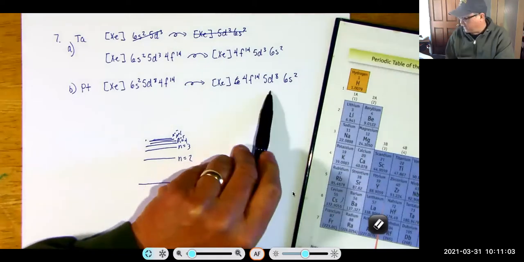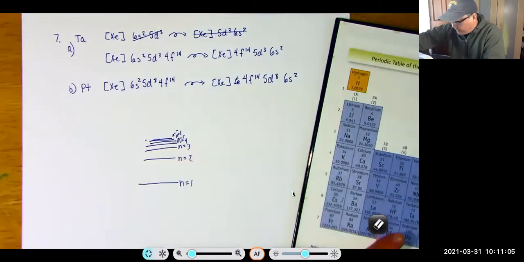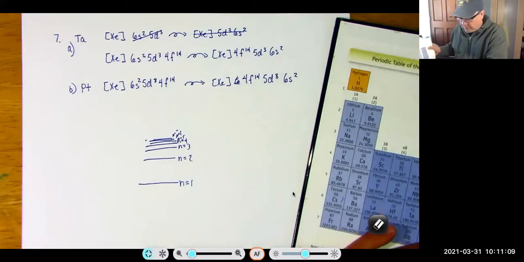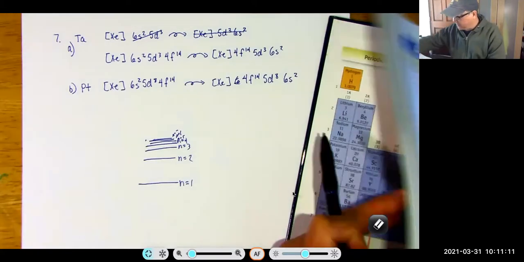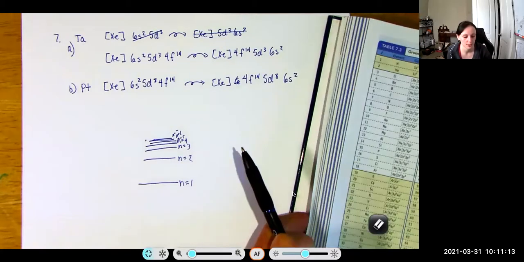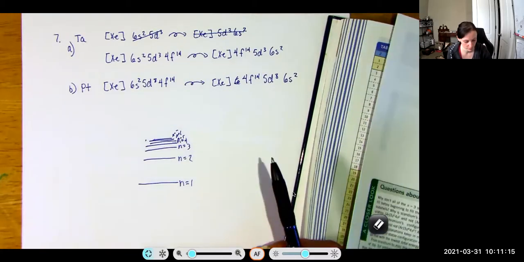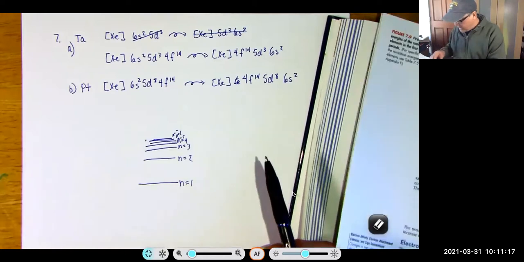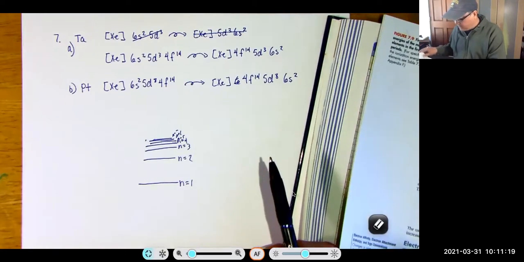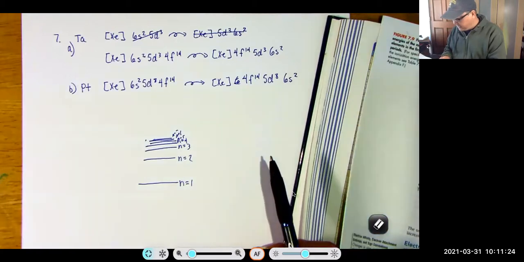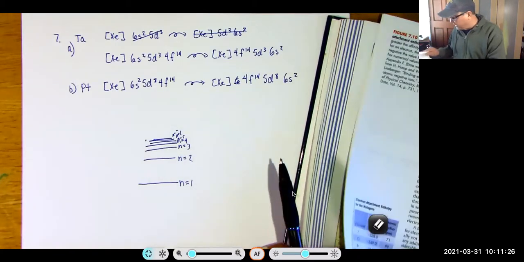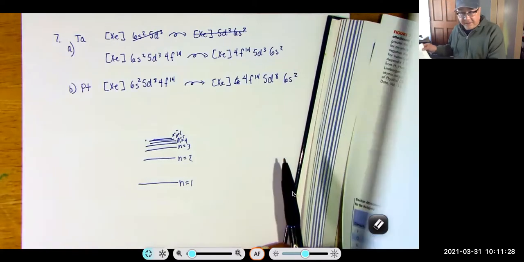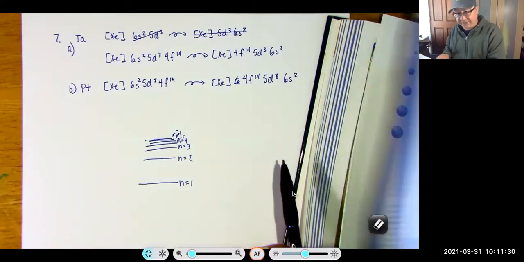Good. Okay. Now, were we supposed to do the orbital box diagram? No, it just says noble gas and SPDF. I really don't like the way they word that. Did they say noble gas SPDF, or SPDF noble gas?